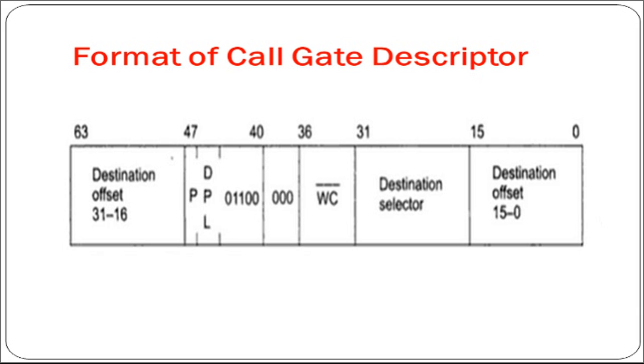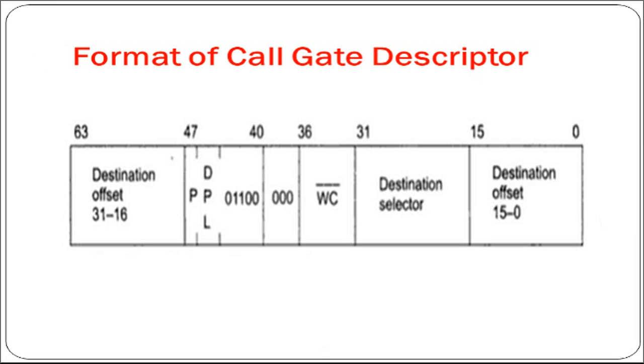We can say that they are not a descriptor at all, but it is convenient to place this system descriptor in a descriptor table itself. Now the selector pointing to the call gate descriptor cannot be loaded in any of the data segment registers, that is DS, ES, FS or GS, or in the stack segment SS. It can be loaded in the CS, that is the code segment.